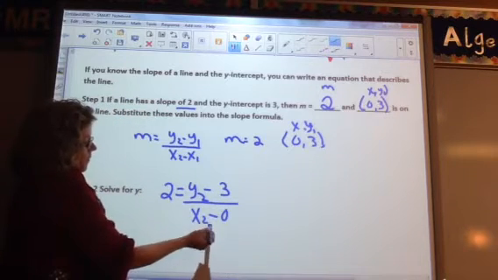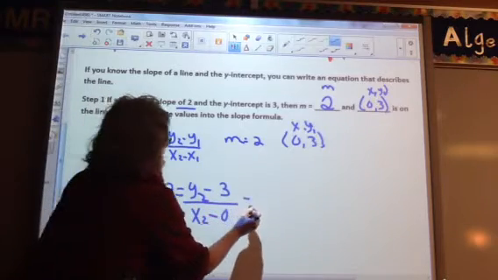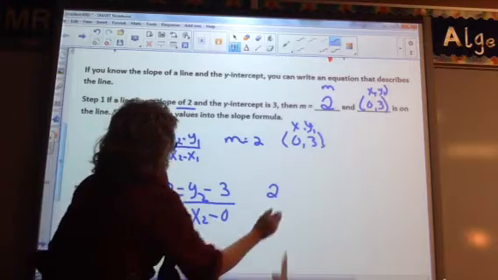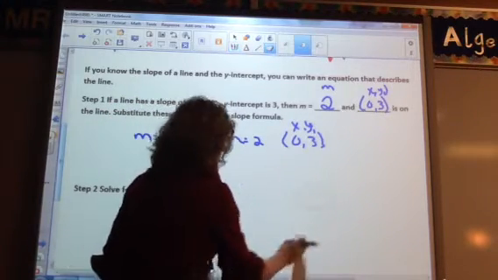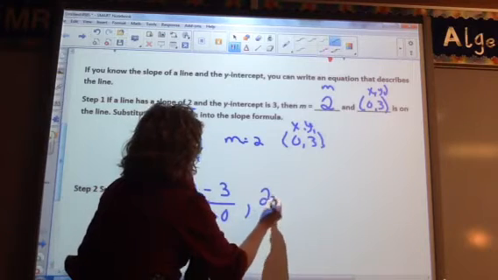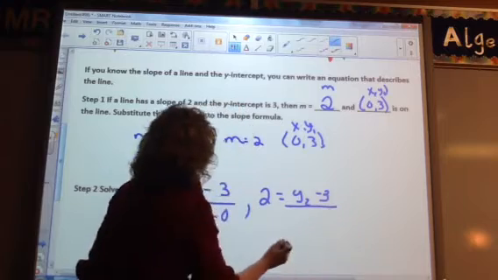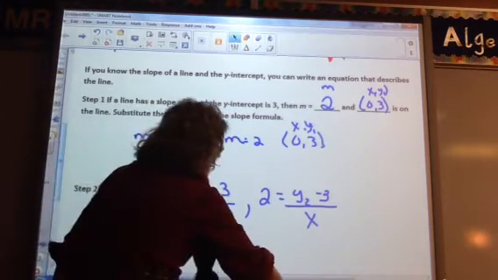I can simplify my denominator and get 2 equals... So we need to cancel out this denominator.